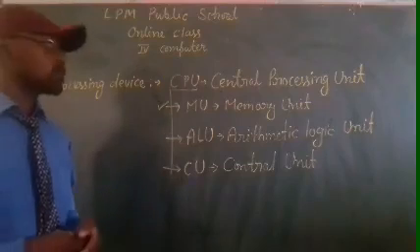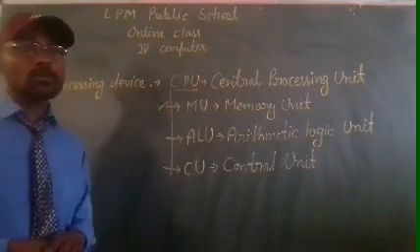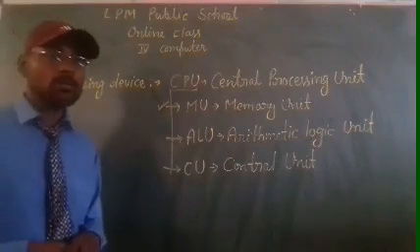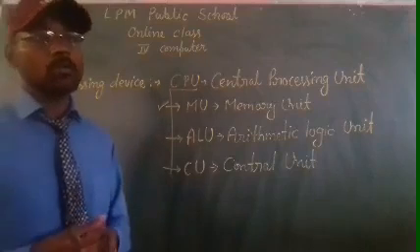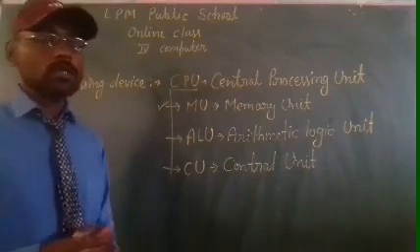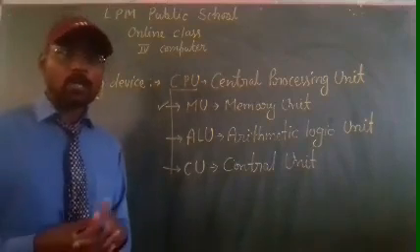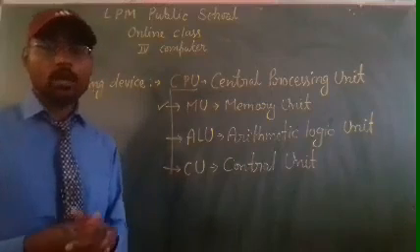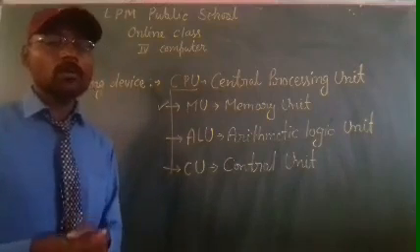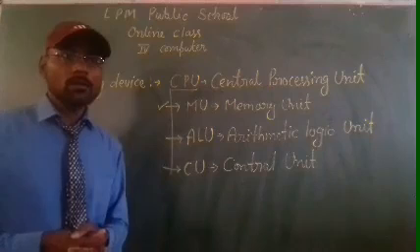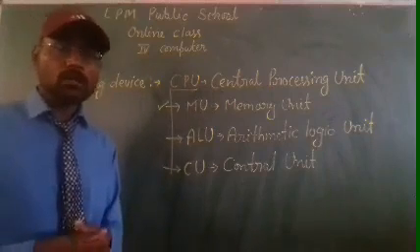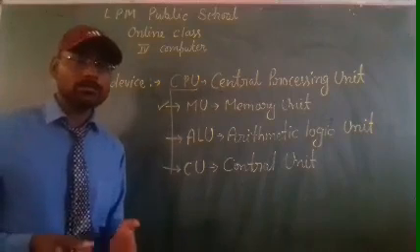And second, ALU, that is arithmetic logical unit, does all the arithmetic calculation such as addition, subtraction, multiplication and division. Students, it performs logical operation, for example finding the greater number, smallest number and so on.